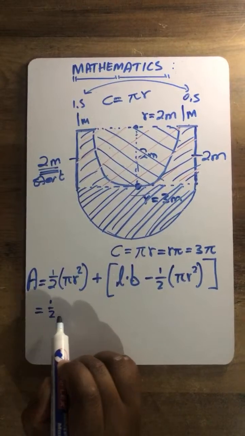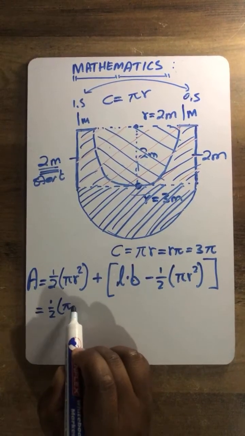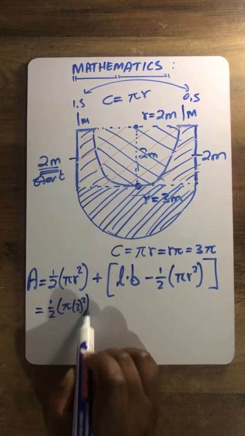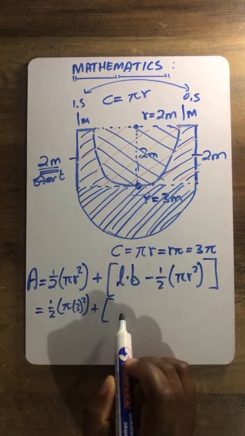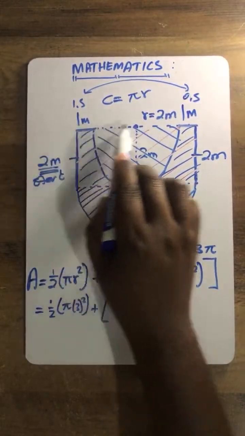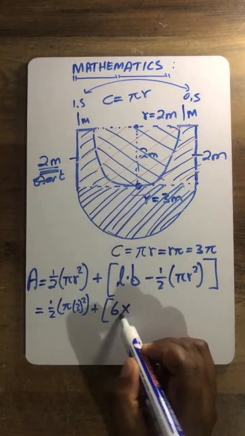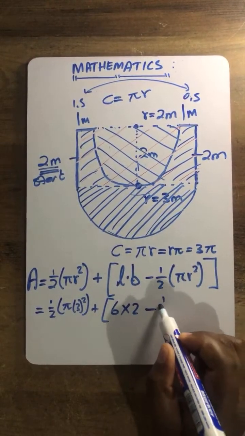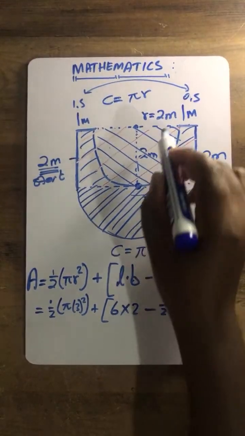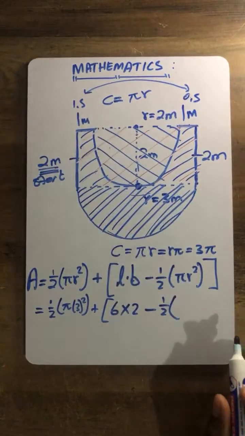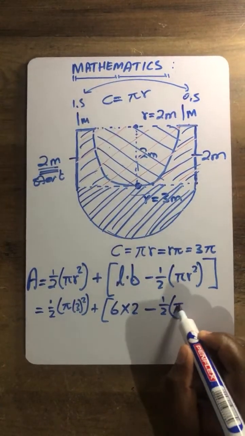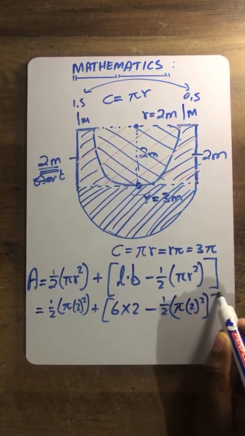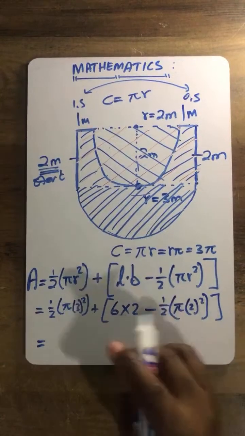So you can easily say half and then you say pi. You just need to remember that the r for this one is that one of 3. What is the length? It is that one from there to there, being 6, times what is that? We know it is 2. You're going to minus half that inside circle there, which means it's pi. We know the r is 2, squared. Then all that you do is to punch all of that.